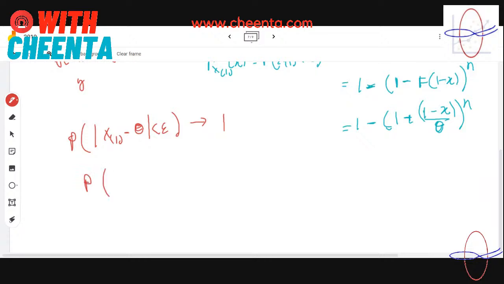So therefore, it's the probability that x1 is greater than theta minus epsilon and less than theta plus epsilon.